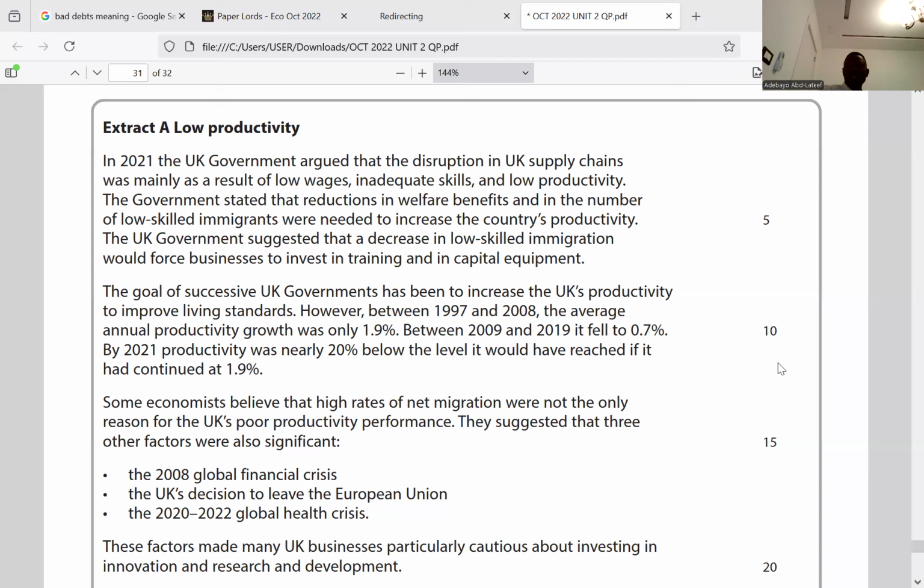I already gave you what productivity is. I said output divided by what? It's output divided by input. Inputs. That's it. Okay, move on.